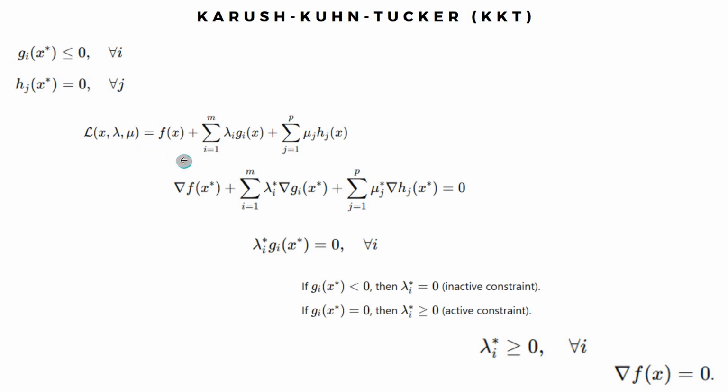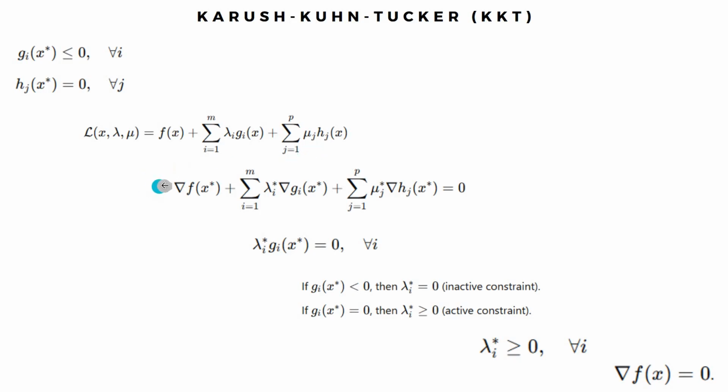The first term, f of x, is the original objective function we want to minimize. The second term incorporates the inequality constraints using the Lagrange multipliers lambda. The third term does the same for the equality constraints using the multipliers mu.